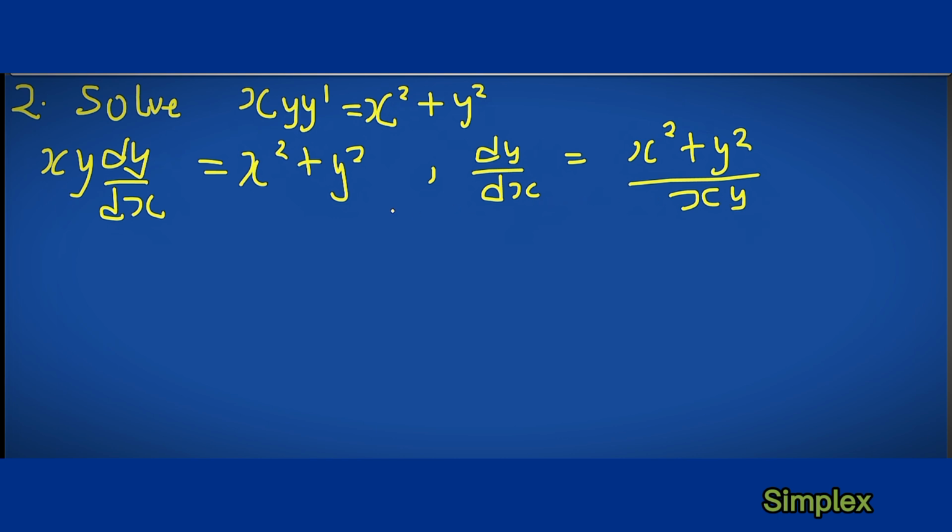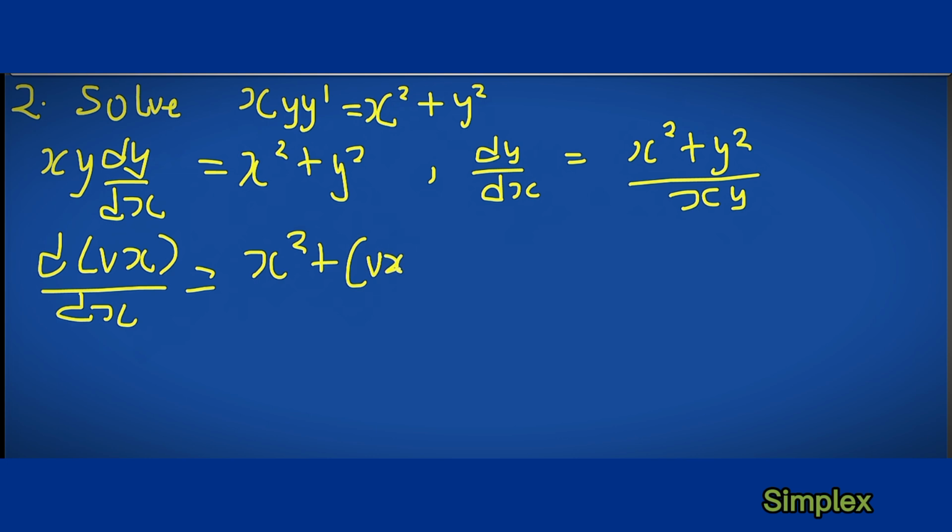So let's go over to substituting the value of y for vx. So we have d(vx)/dx is equal to (x squared plus (vx) squared) over x times vx.